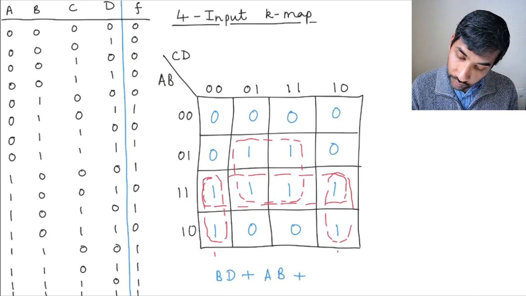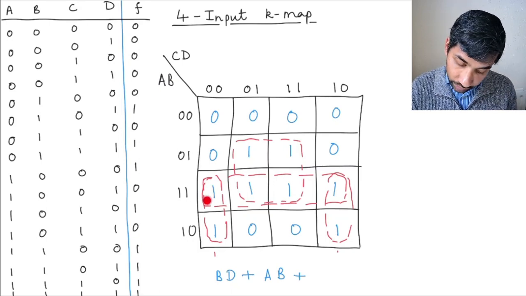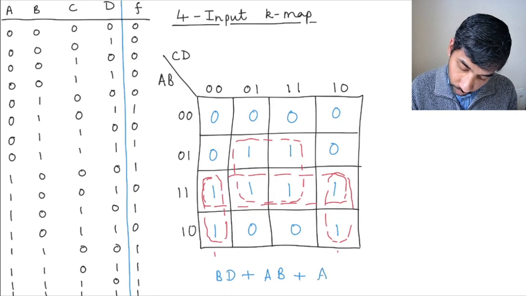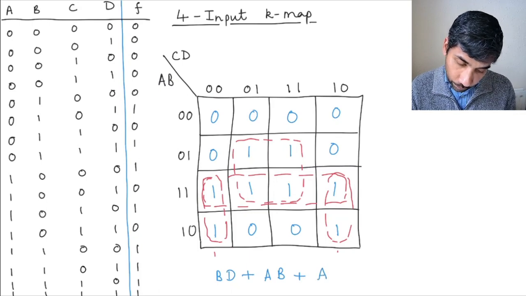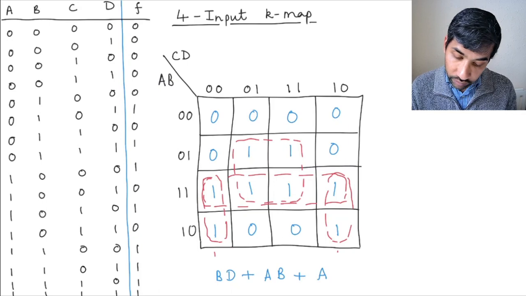And now we will write a minterm corresponding to, let's say, this one. So here CD is taking the value 0 0, and B is changing, so it's A and C and D that will come in the minterm. A is taking a value of 1, so you write A, and C and D are taking the values 0 and 0.